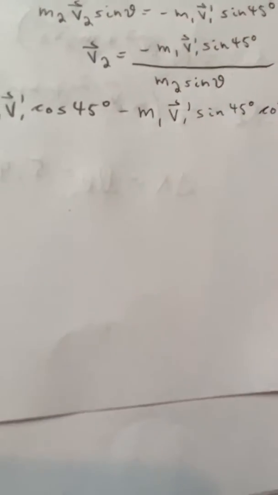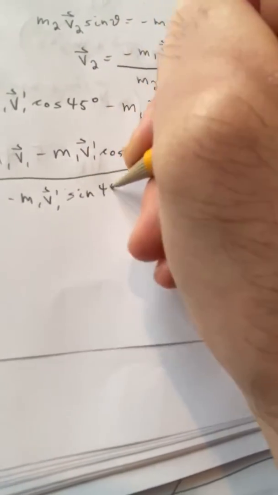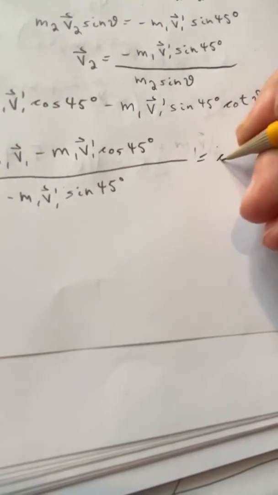So we can plug in all of the known quantities here. So we'll do m1 v1 minus m1 v1 prime cosine 45, and we're going to divide through by minus m1 v1 prime sine 45, and that's going to equal the cotangent of theta.